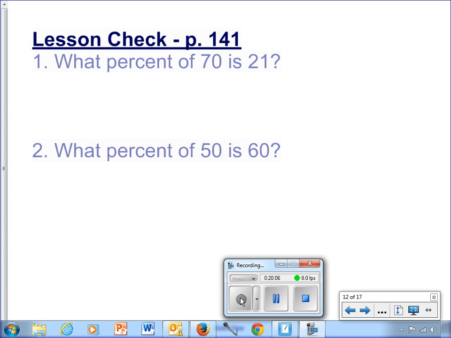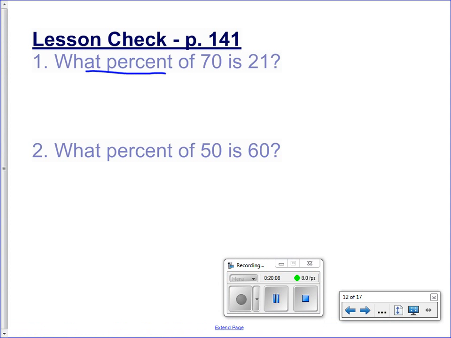All right, well, let's use an equation for this. What percent, we'll call P, of means times 70 is means equals 21. To solve this, we're going to divide both sides by 70.